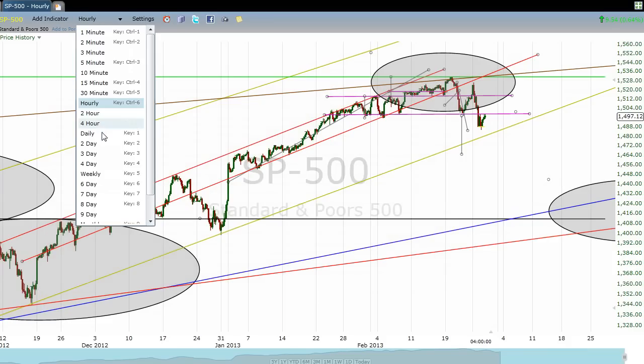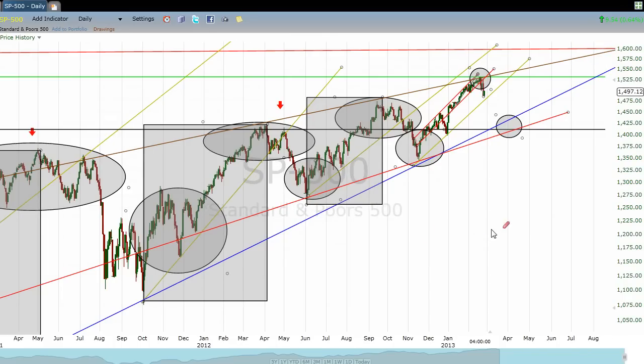So let's take a look at this again. Top, bottom. This one's a real mess here, but top, bottom, looks like a top, but we won't know for sure until this line breaks.